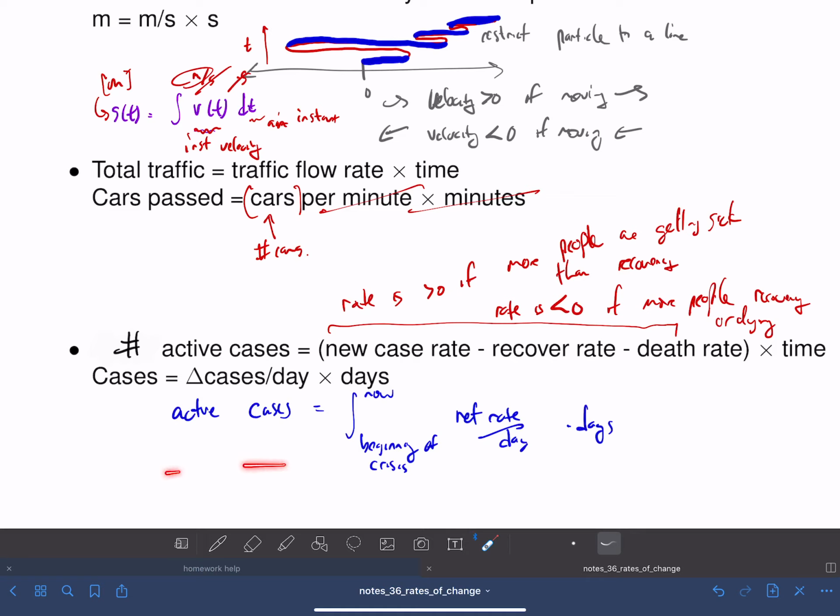Cases is an integer number, like we count in whole numbers of days, and we require this to be a differential, a dt, if I'm going to use an integral symbol right here. So it's probably more appropriate to write a sum for this particular one, since it's over a discrete number of days. But as I've mentioned a number of times, the integral symbol is also an S. They both mean sum.